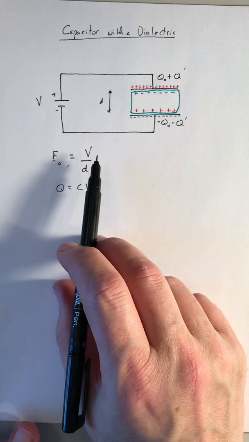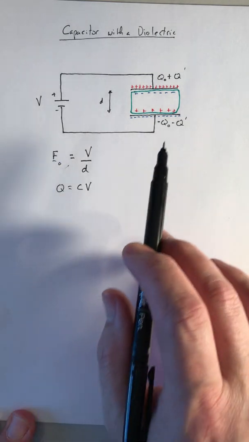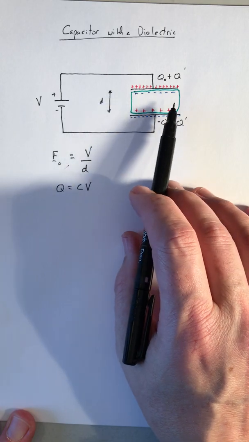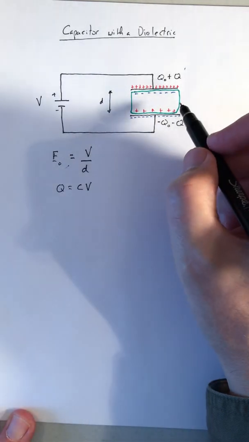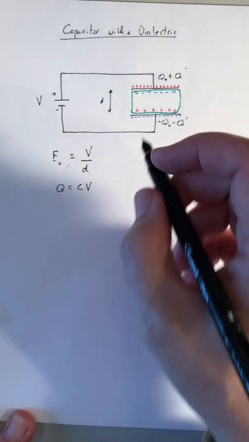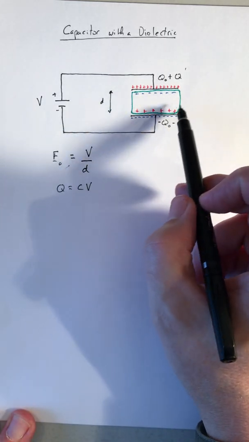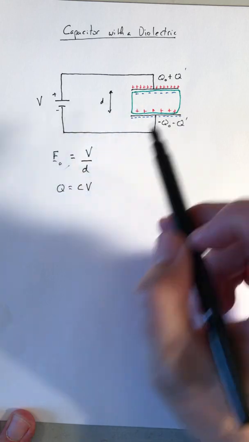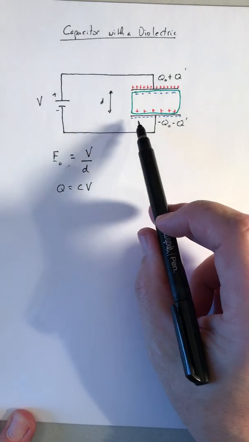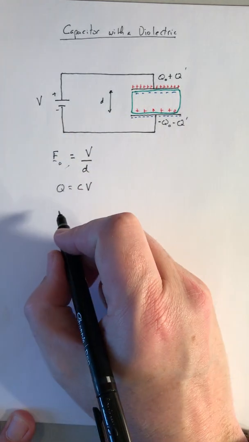All right. The way we talk about the effect of this dielectric, we will have an electric field in the presence of the dielectric, and we have an electric field when there's nothing there.